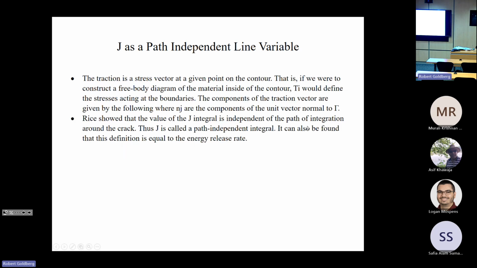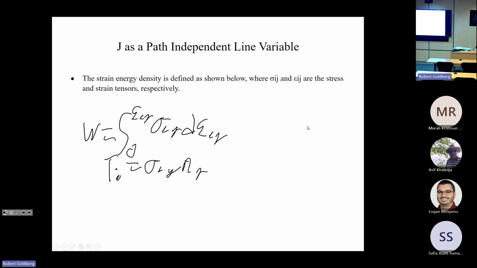At any point along the contour, we can construct a free body diagram of the material inside the contour, and as we talked about when we covered elasticity theory, the traction is equal to the stress multiplied by the normal at a point.